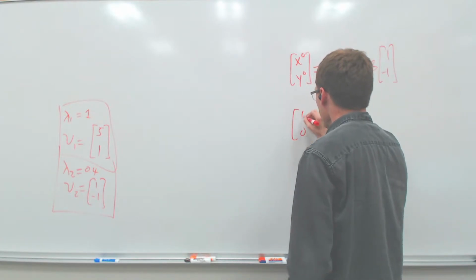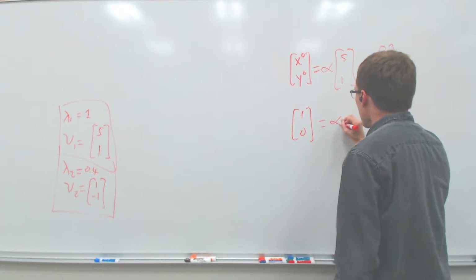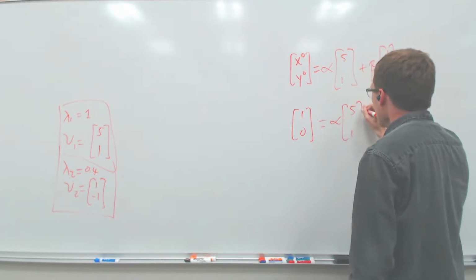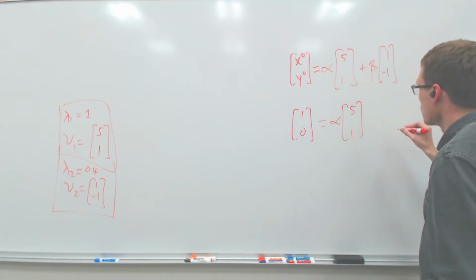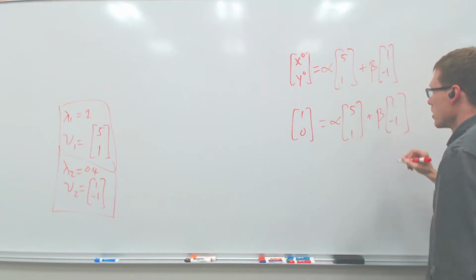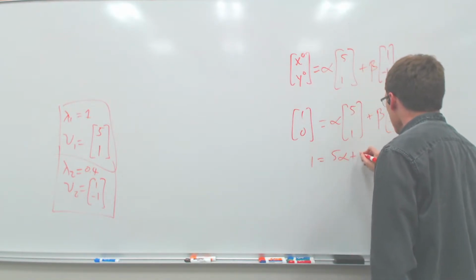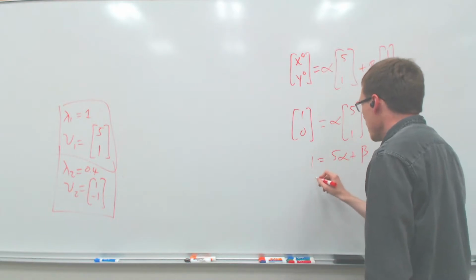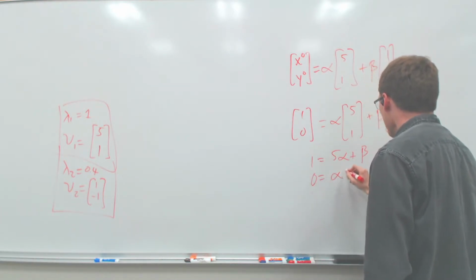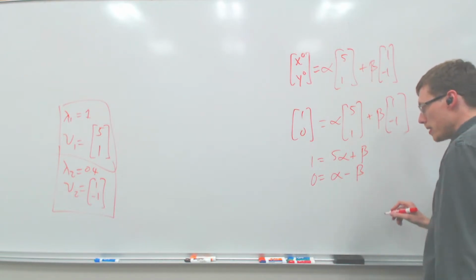So for example here, if we start off being sunny, then we have alpha times 5, 1 plus beta times 1, minus 1, and we could solve this in general, but we'll actually solve it specifically real fast. Since we have this, that just means that 1 equals 5 alpha plus beta, and then 0 is equal to alpha minus beta. So in this case, luckily, alpha must equal beta.